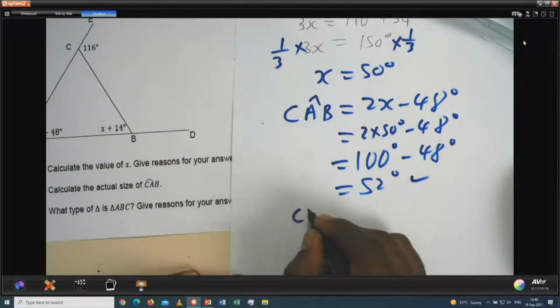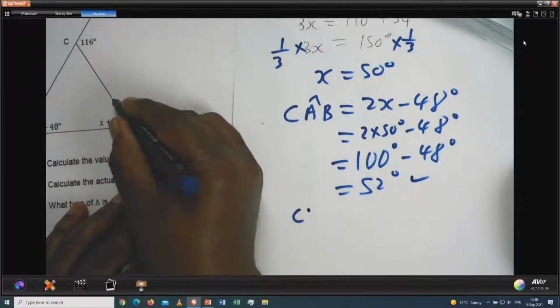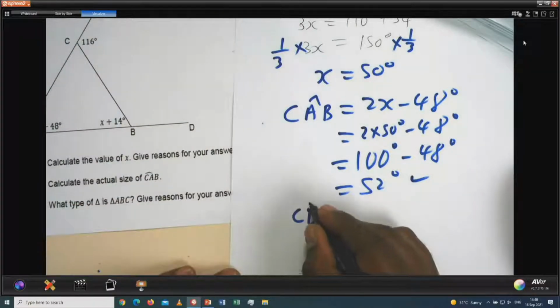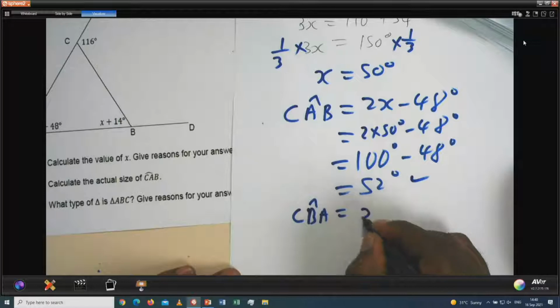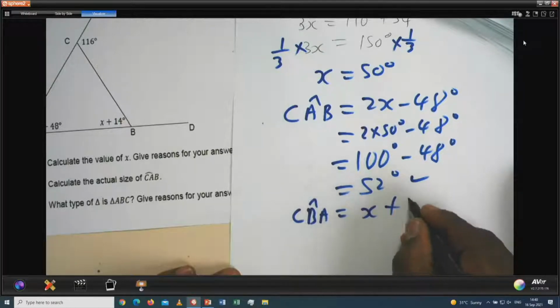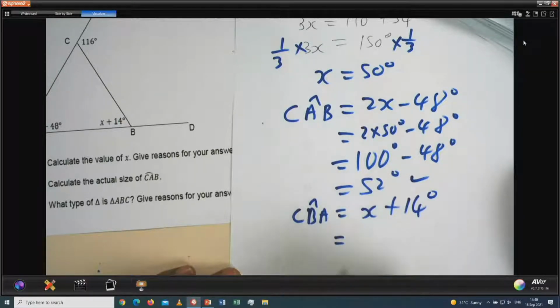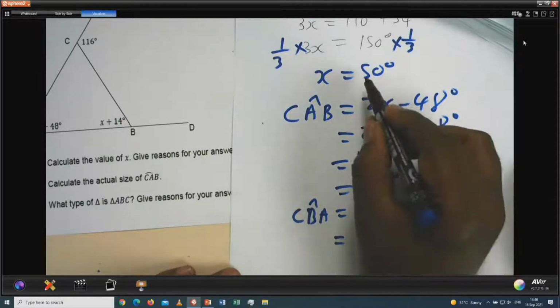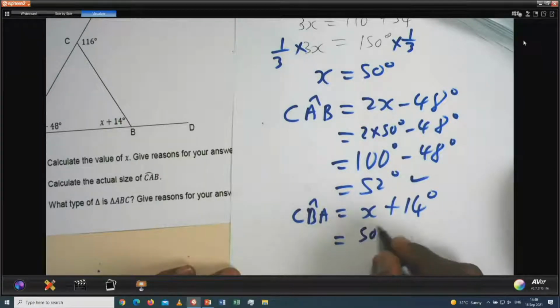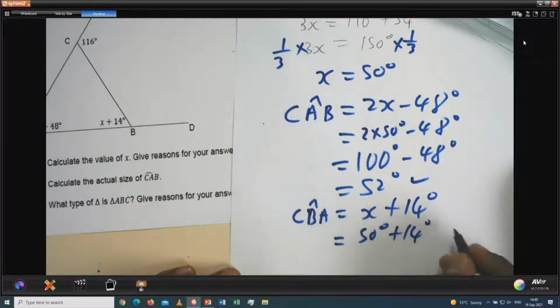Angle C, this one. CBA is equals to x plus 14 degrees. And what was our x? X is 50 plus 14, which is 64 degrees.